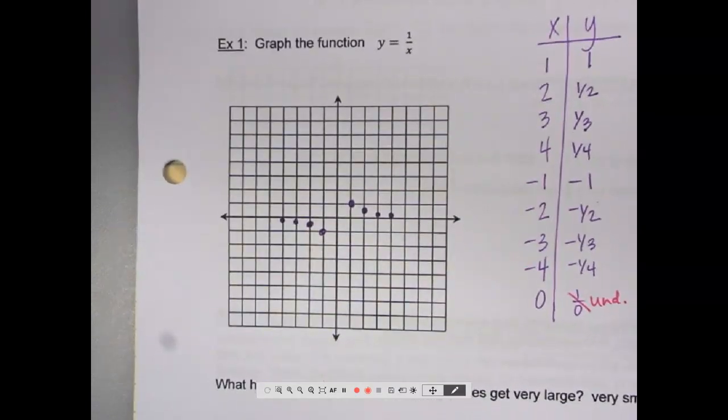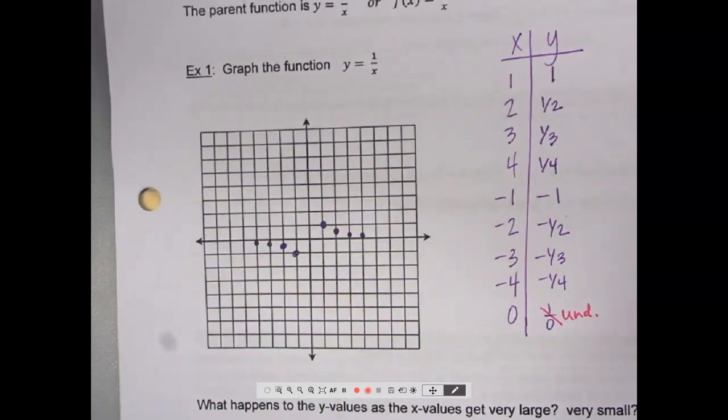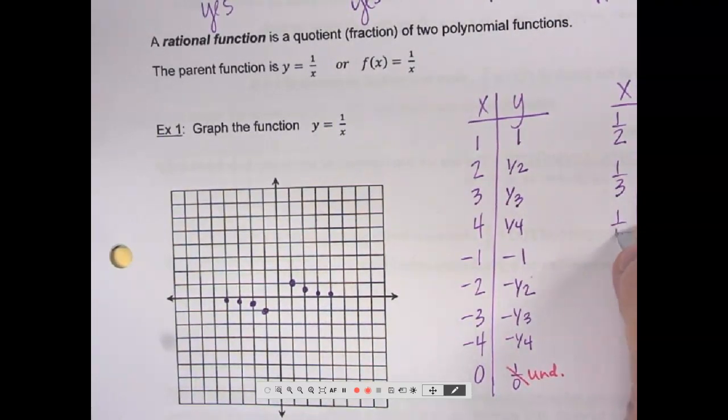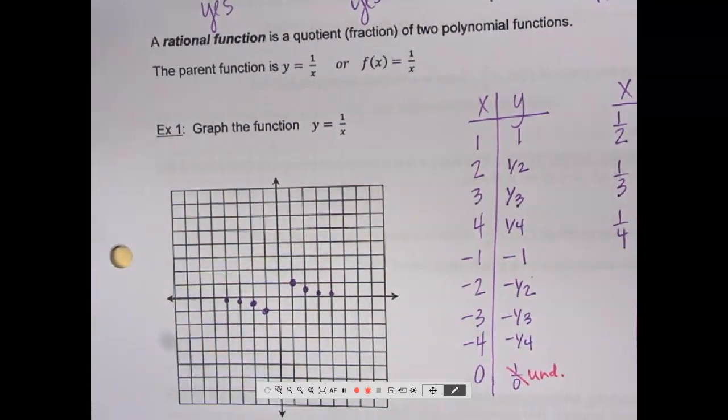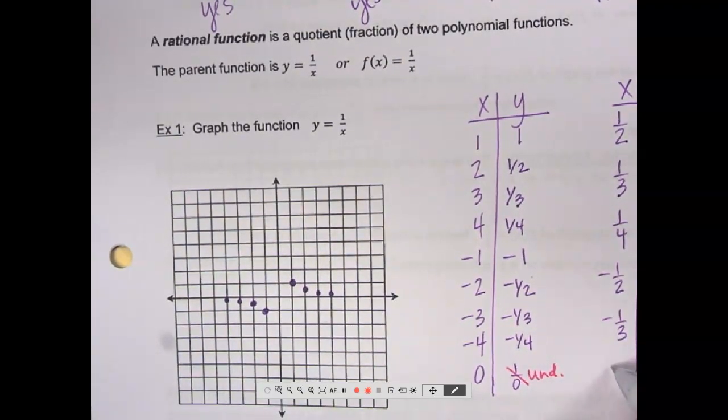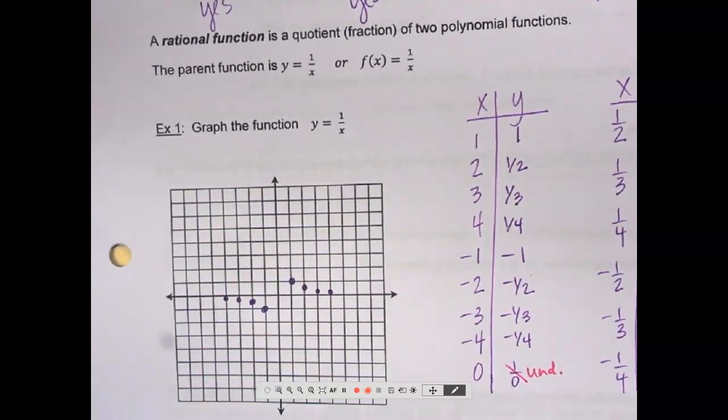So that's how some fractions here are going to come in handy. So I'm going to do 1/2, 1/3, 1/4, -1/2, -1/3, -1/4.